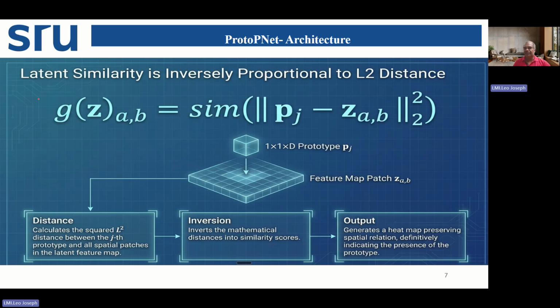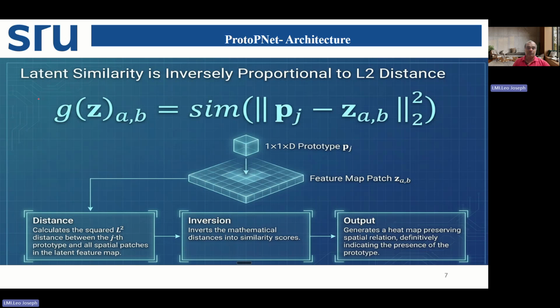Then we generate a heat map, and estimate the presence of the prototype. This is the logic behind how ProtoPNet works, and this is the formula for how we estimate the similarity score.